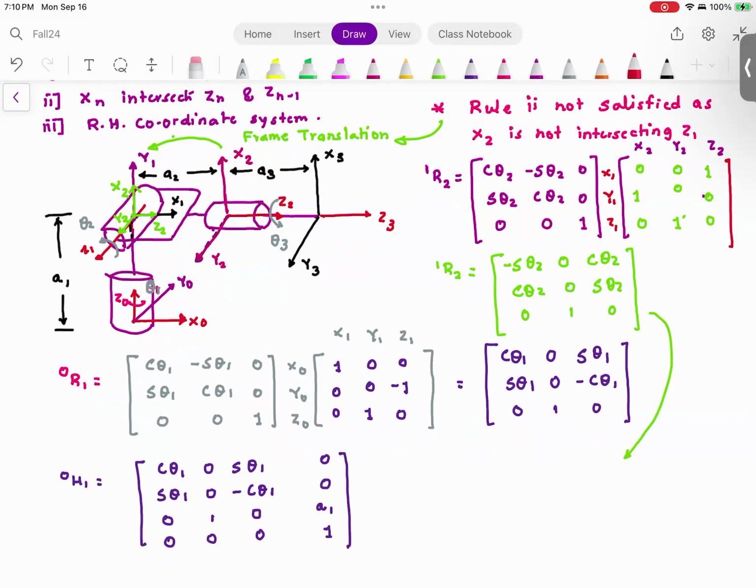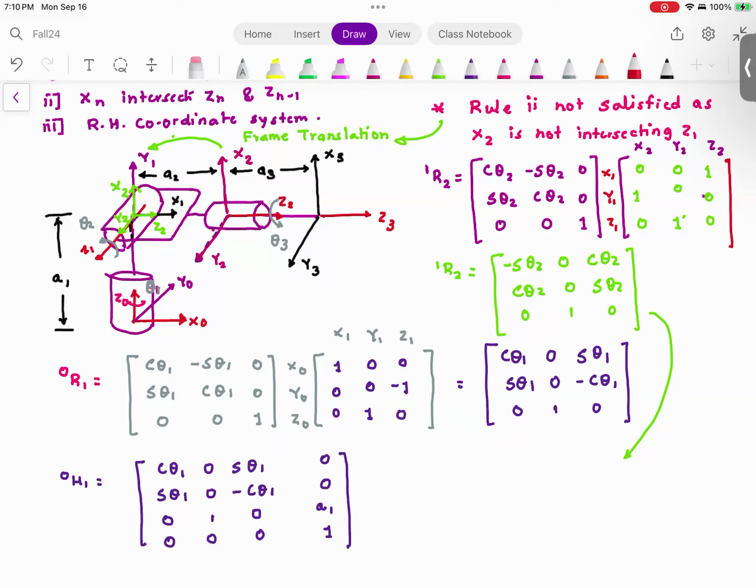Now comes the part where I need to construct the homogeneous transformation. But in this case, the homogeneous transformation is extremely simple. Why? Because these two frames do not have any relative transformation. No translation in X, no translation in Y, no translation in Z. Both these frames are on top of each other. Everyone understood this?